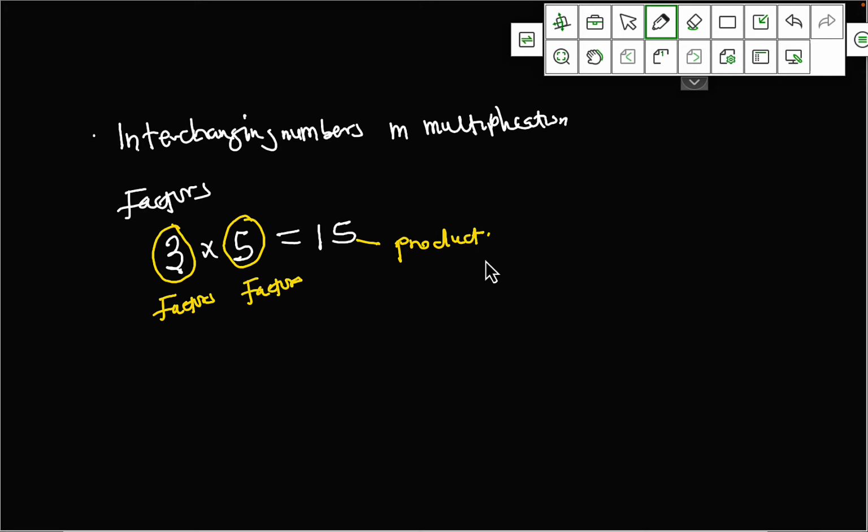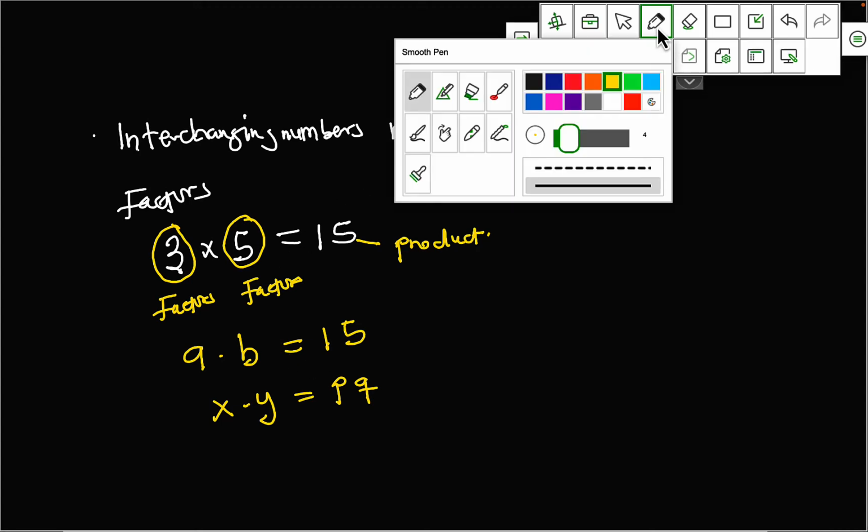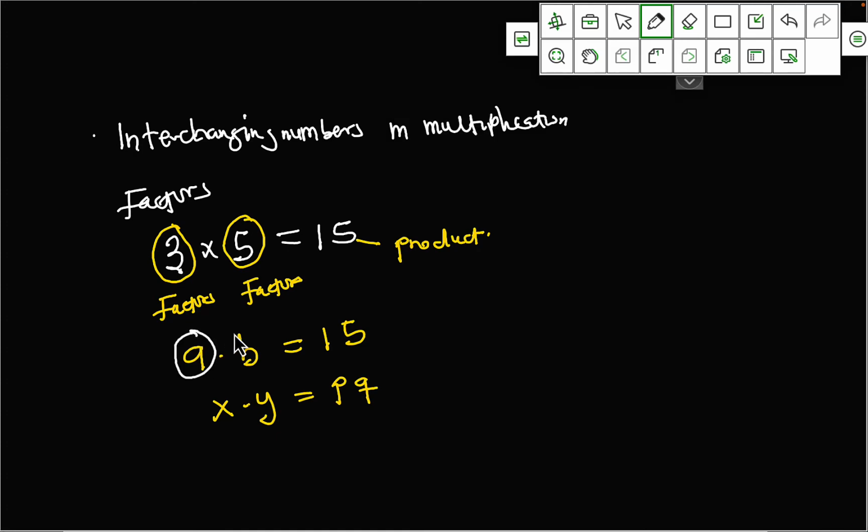Okay, in algebra you are going to see something like a times b is equal to, let's say, 15, or you can have, let's say, x times y is equal to pq. You understand? In this case, a and b are our factors. 15 is the product.